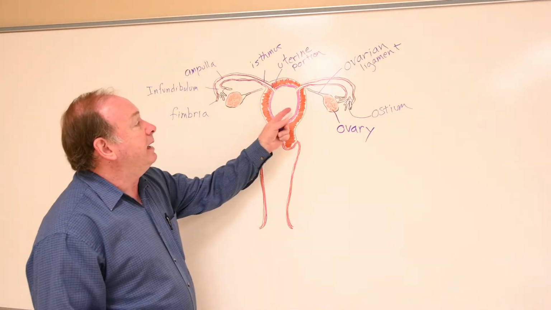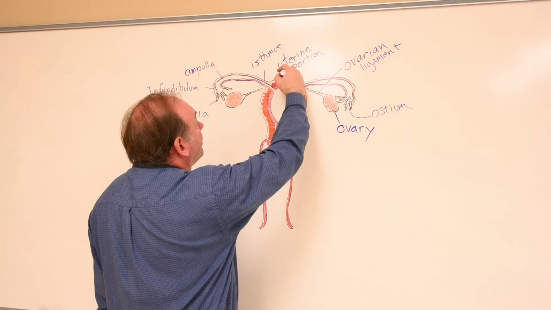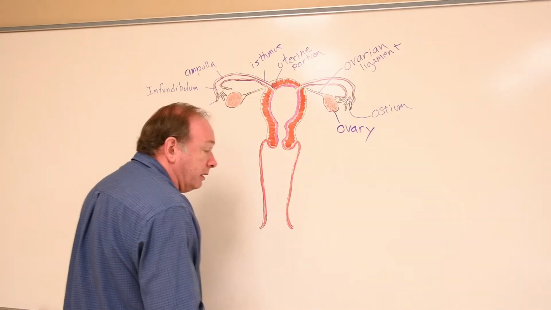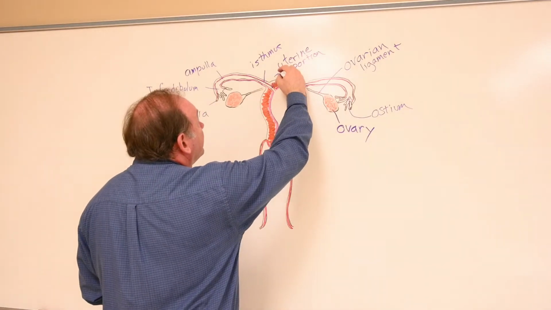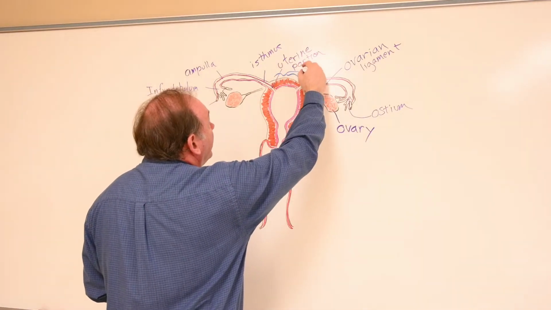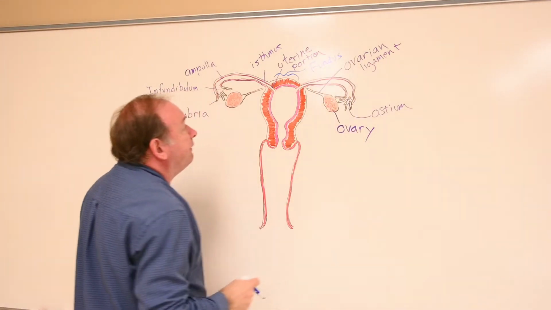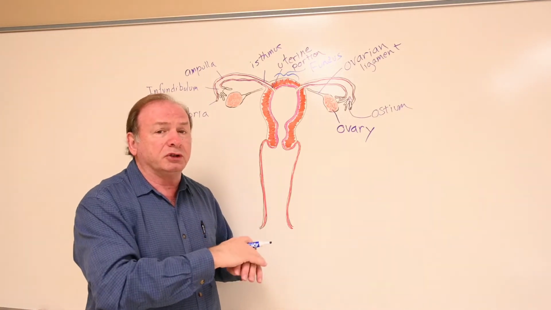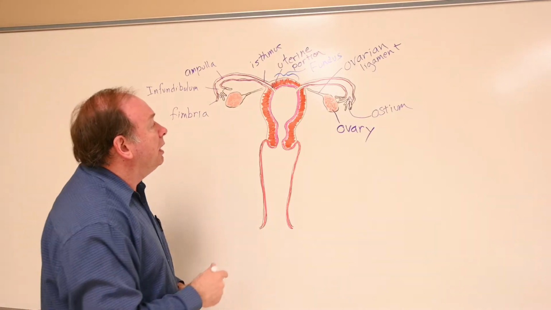Now let's identify parts of the uterus itself. First of all, this upper portion across here, let's do this in a different color now. Across here, that's the fundus. Fundus is just a dome-shaped structure. It's kind of a generic term, so that's the fundic portion of the uterus.